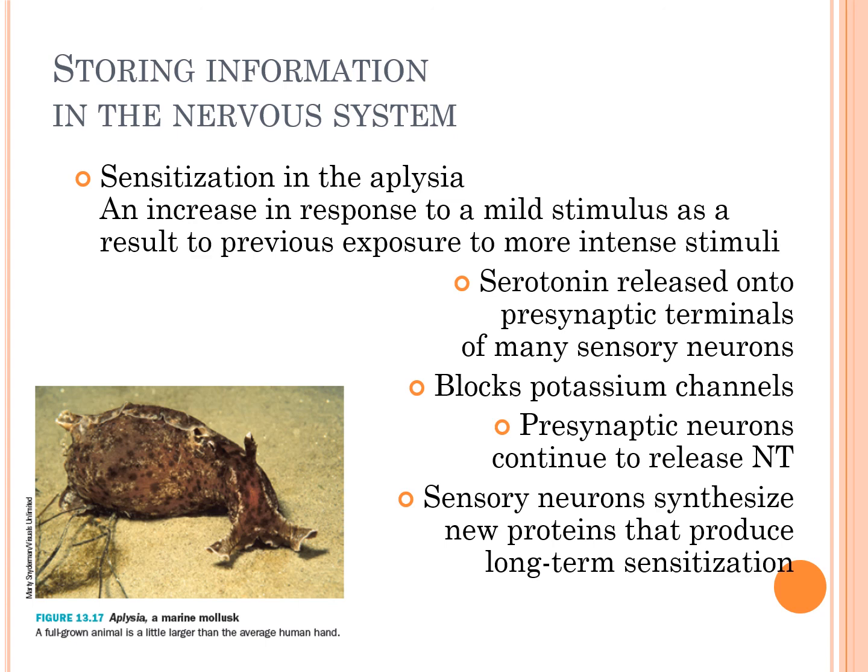That's going to block potassium channels. And so what's going to happen is that neurotransmitter from the presynaptic neuron is going to be released for longer. So we're going to see continued release of neurotransmitter from the presynaptic neuron, and then sensory neurons will synthesize new proteins that produce long-term sensitization.